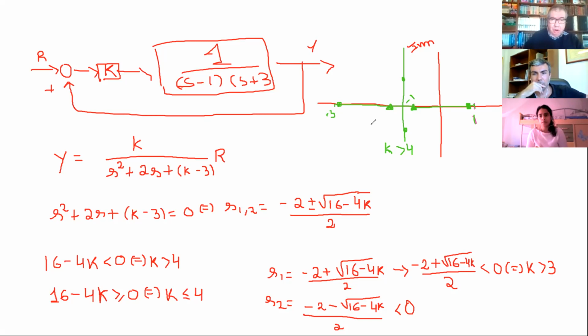Now you increase more the gain and the two poles collide, when you have a double pole. Okay, and if you increase it more, you start having imaginary parts. So suppose that you increase the gain and you get the round points. What type of response do you have for the round points?